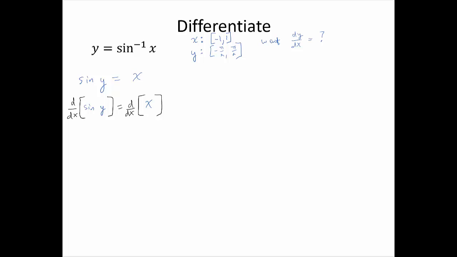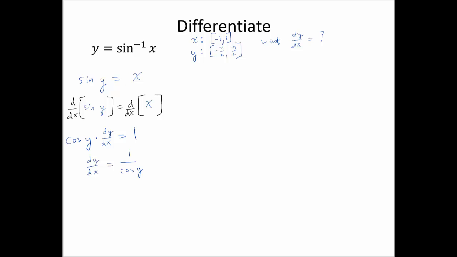For d by dx of sine y, I'm going to have to apply the chain rule. The derivative of sine is cosine, so I'd have cosine y times, by the chain rule, dy dx, and the derivative with respect to x of x is simply 1. So then dy dx is equal to 1 over cosine y.